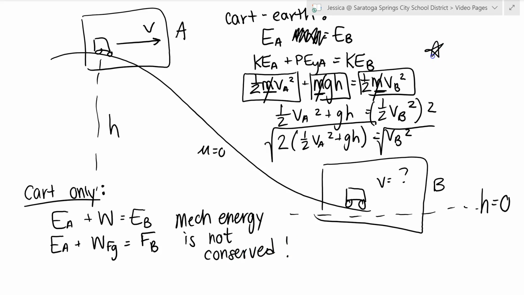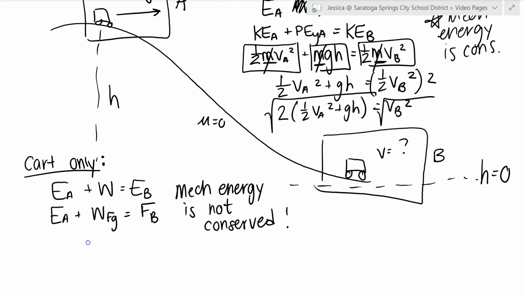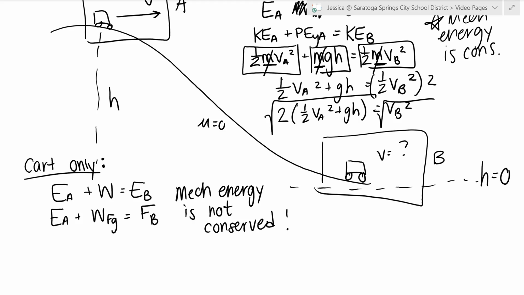Okay? Whereas here, mechanical energy is conserved because there's no external forces. Okay. So you might be thinking, well, the work done by gravity, is that going to be positive or negative? Well, if we remember, gravity always points straight down, and we're moving down, so this work is going to be positive, okay?